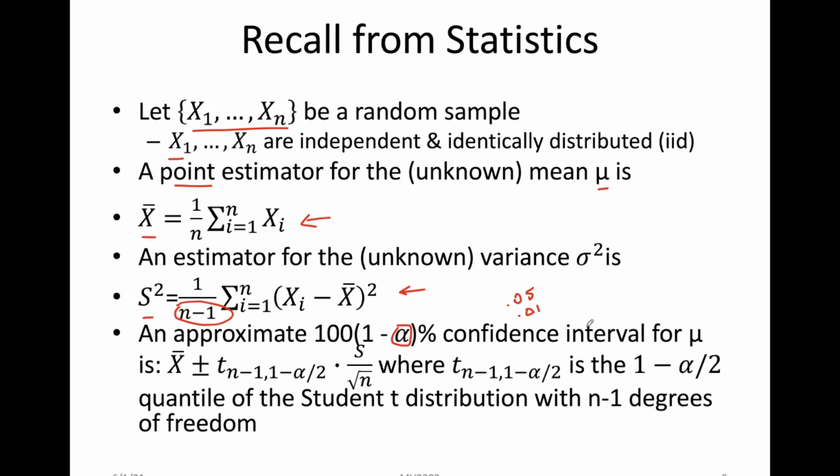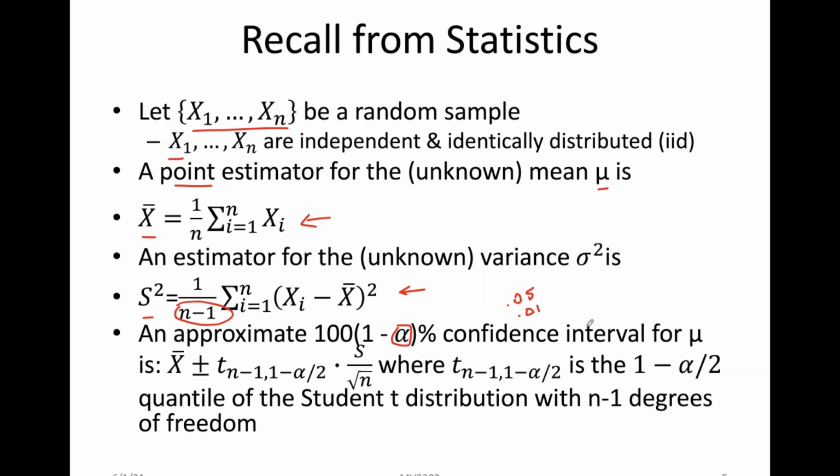So if anybody asks you, why was your alpha 0.05? Well, that's kind of a standard one. Again, if you delve into your statistics notes, if they address that issue, then that's something like that. But this is not a class in statistics.